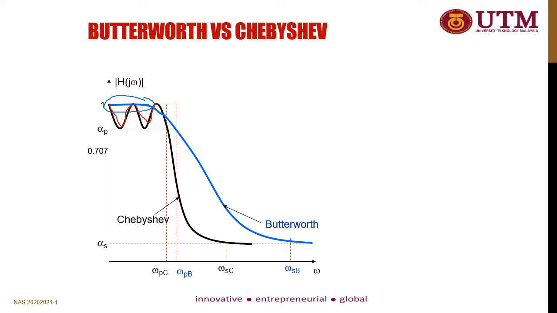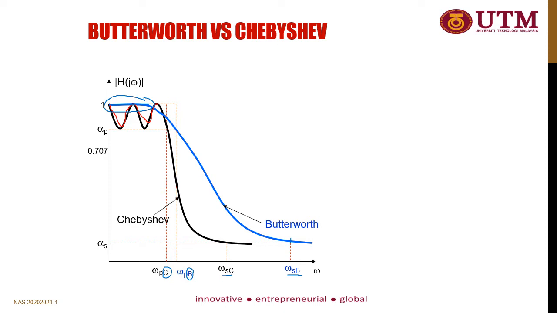Alright, so omega P represents the passband frequency, where C is for Chebyshev and B is for Butterworth. Omega S is the stop band frequency for Chebyshev, and omega SB is the stop band frequency for Butterworth.